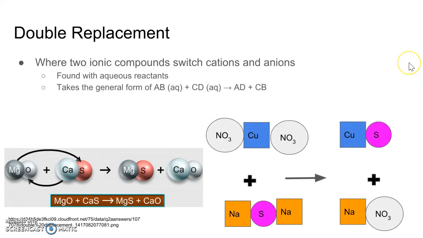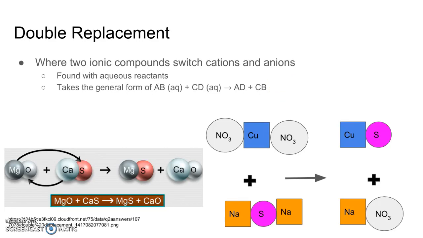All right, let's talk about double replacement, where we have two ionic compounds and they're honestly just switching their cations and anions. Your two reactants themselves will always be aqueous, but depending on the type of double replacement reaction, maybe one of these ends up being a solid, maybe one of them ends up being a liquid, maybe one of them is water. It depends a little bit on the situation.